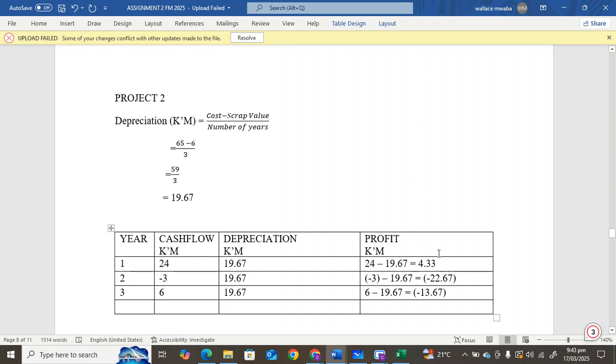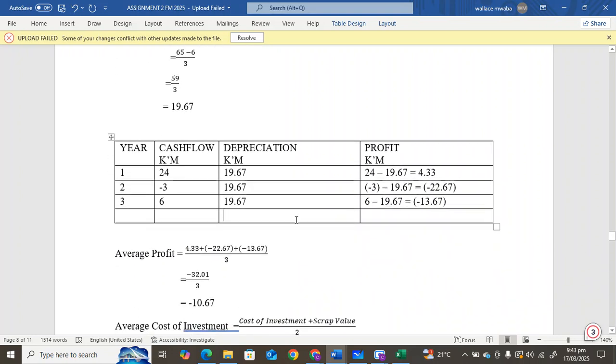Once you've got your accounting profits, you add them so that you get the total. If you want, you can leave the table like this so that when you reach the next step, you're getting the average profit, then you add them up. Or you can get the total already.